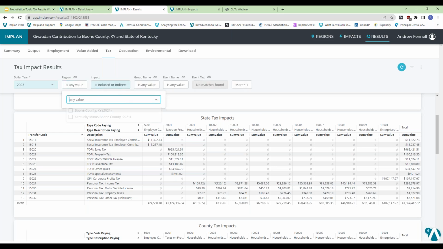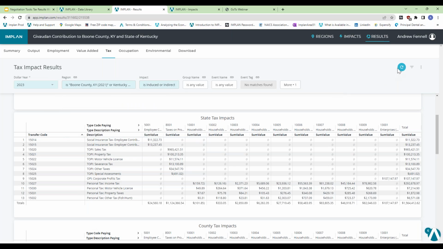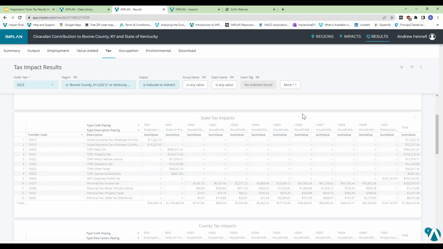If I even include the state taxes collected in the region of Boone County now, I can see the total state tax, again, state being the state government of Kentucky collecting taxes here. I can see what the potential tax impact would be if this business were to not be operating here anymore. And this is in addition to that direct tax estimate that I would work with them to understand.